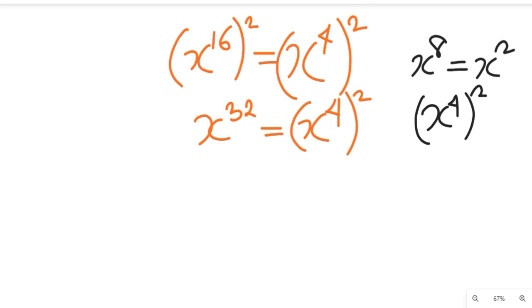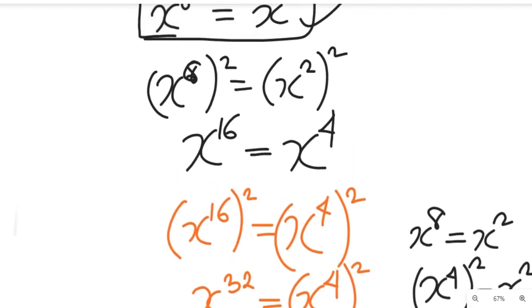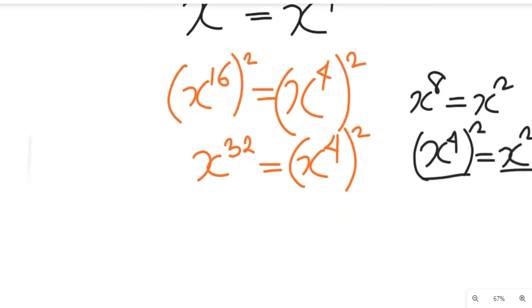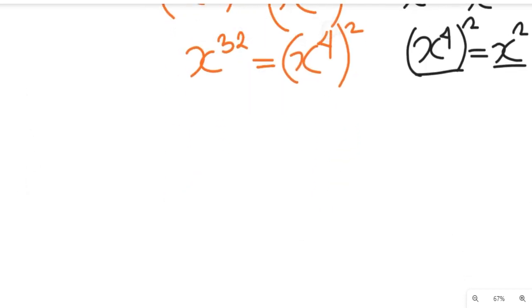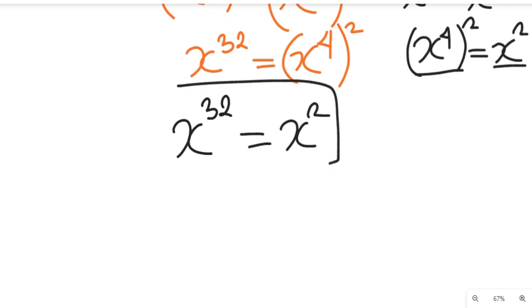So that means x to the power of 4 all squared can still be equal to x to the power of what? Of 2, because this will give us x to the power of 8, and it's still equal to x to the power of 2 according to our expression above. So if we apply that into this expression, we're going to have our x to the power of 32 to be equal to x what? X squared. This is an expression we want to hold so dear.